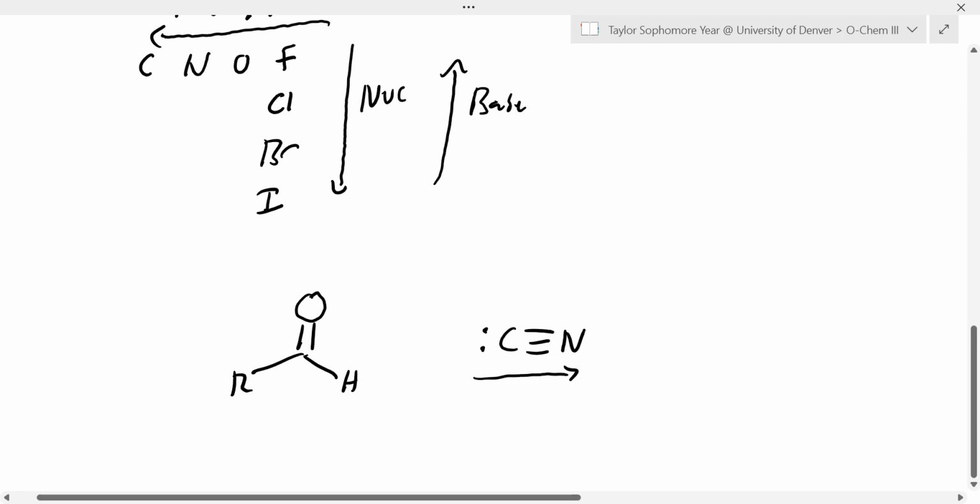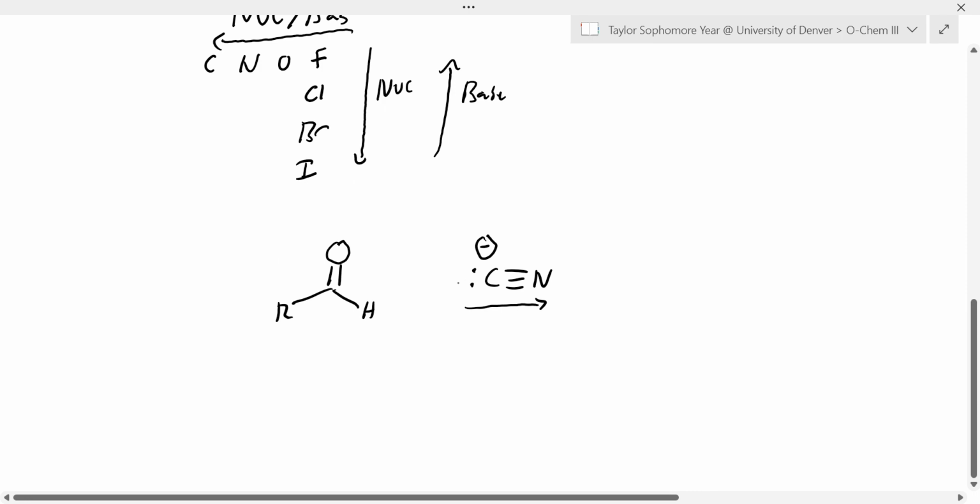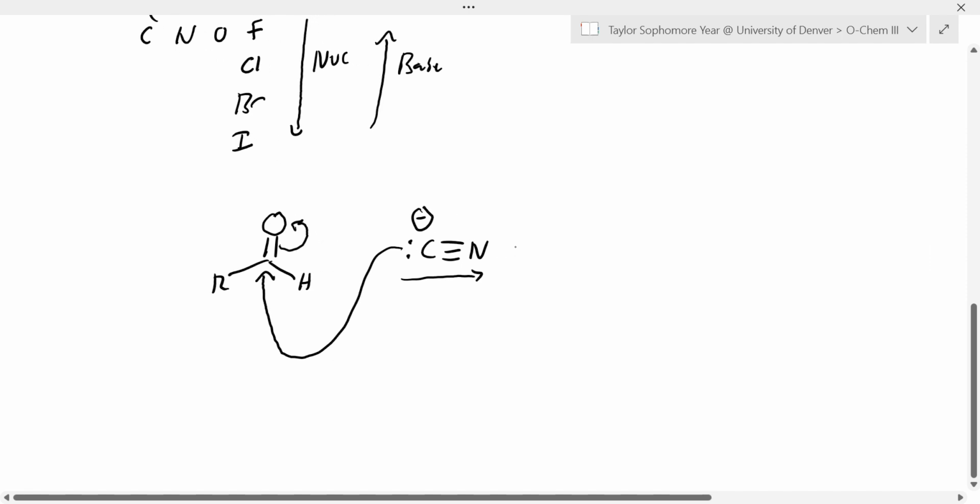We know that carbon's a pretty good nucleophile, so we can have it attack this carbon, pushing these electrons onto oxygen. And we'll put this proton there to show the transfer.